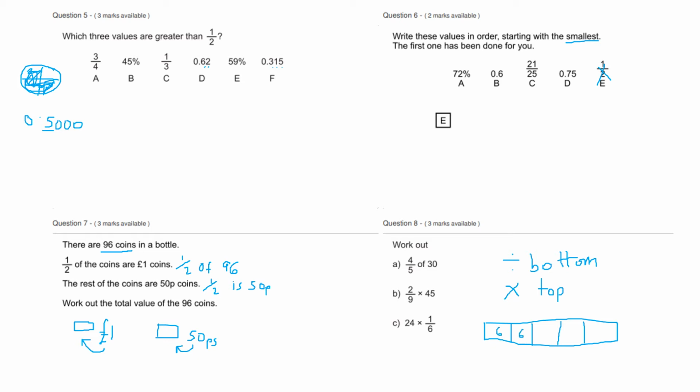We want 4 of those pieces, so we don't need that one there. So you can just add up those 4 pieces, so 4 lots of 6. So you divide by the bottom and times by the top each time. Now sometimes they use a times sign instead of the word of, but it still works the same way.